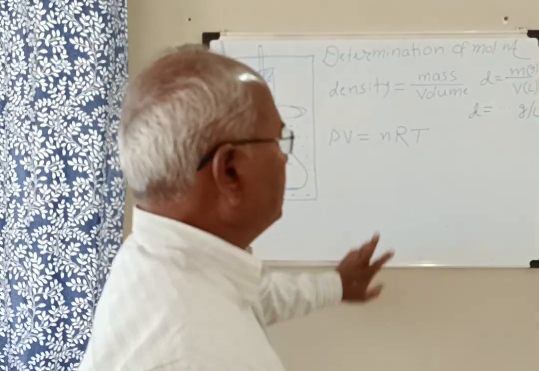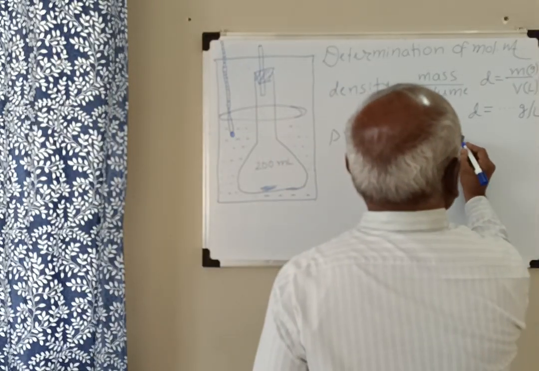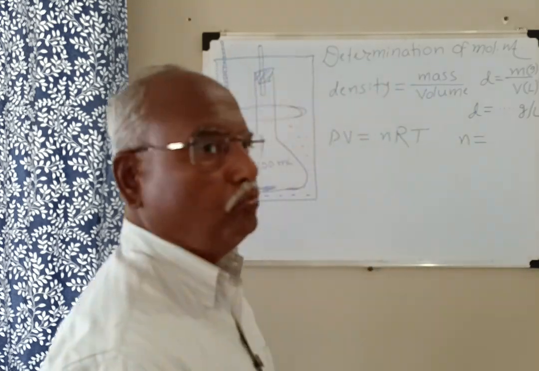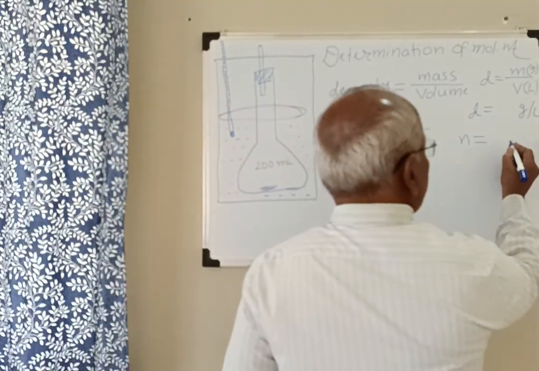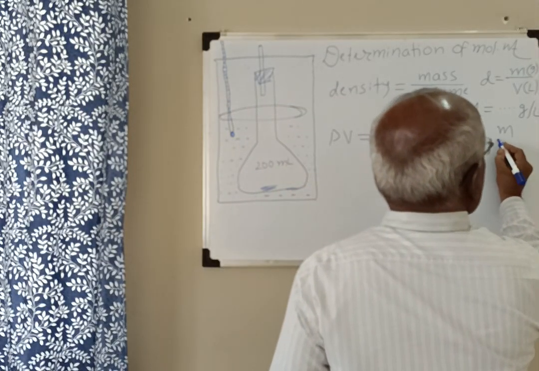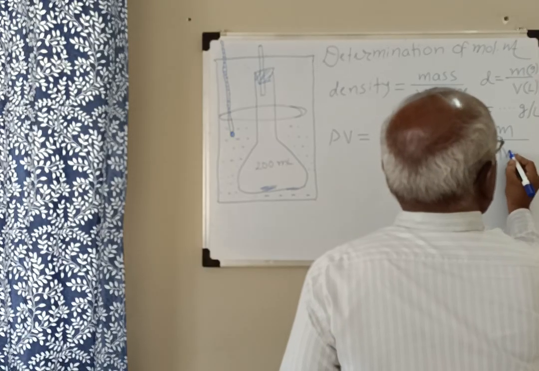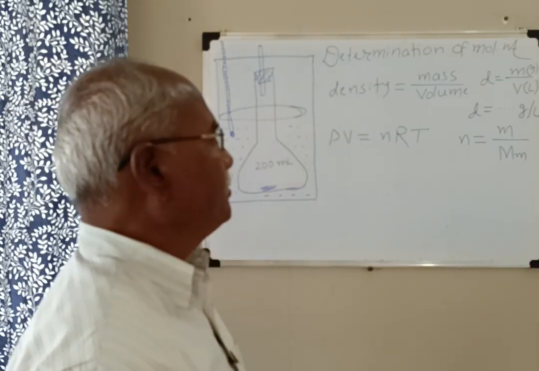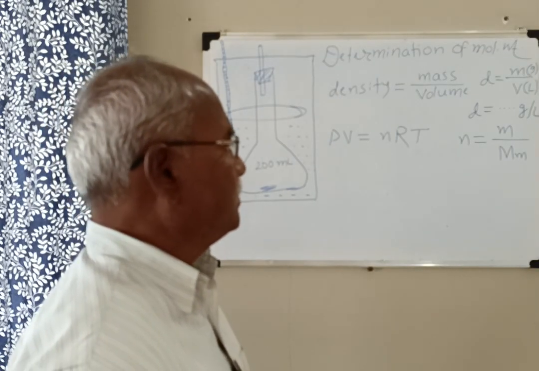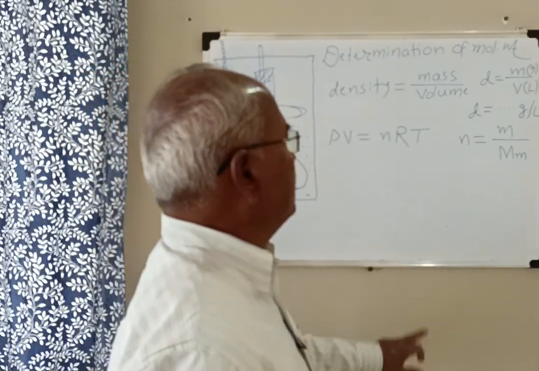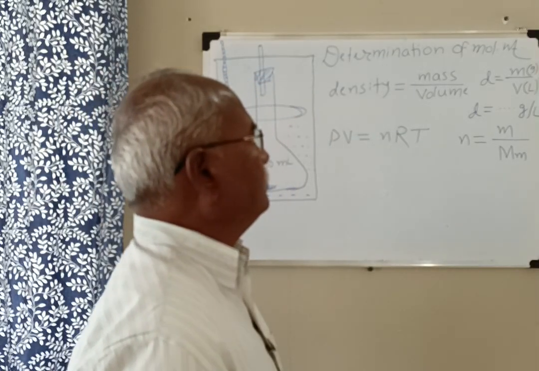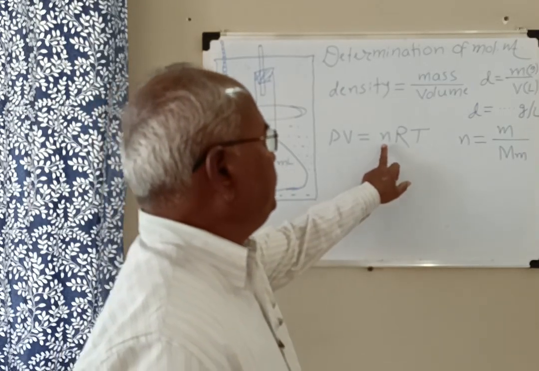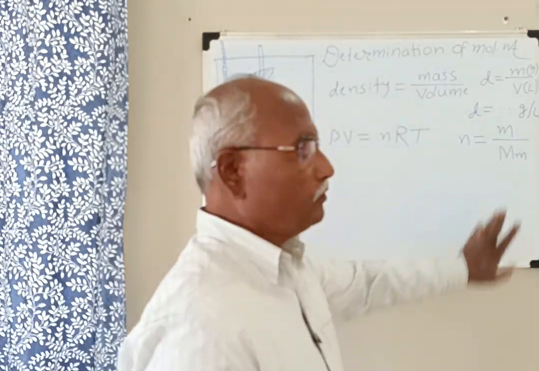So here I am going to tell you one more formula. n means number of moles, n is equal to mass of the substance, small m, divided by MM, molecular weight of the substance. So here I substitute n is equal to m upon MM.